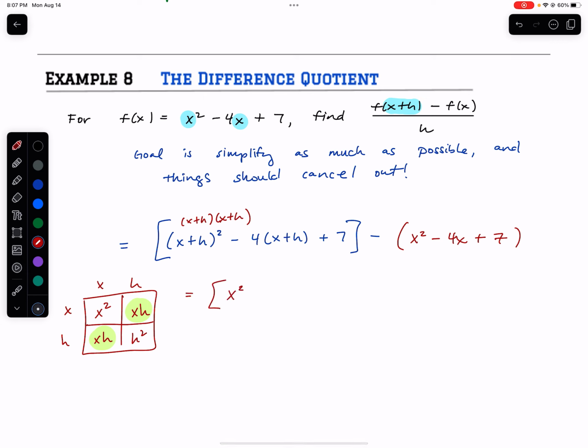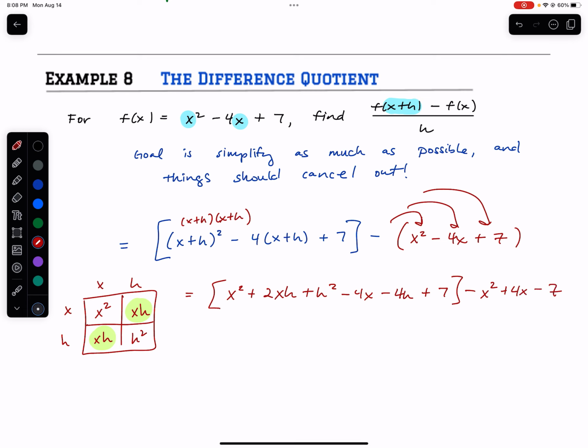So x squared plus 2xh plus h squared. Distribute the negative 4. Minus 4x minus 4h plus 7 minus, I'm going to distribute the negative to everything on the inside. So minus x squared plus 4x minus 7. I already forgot something. This should all be over h because I forgot about that. So this should be over h, and then this part should be over h.